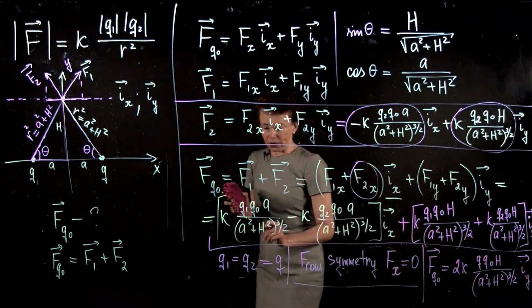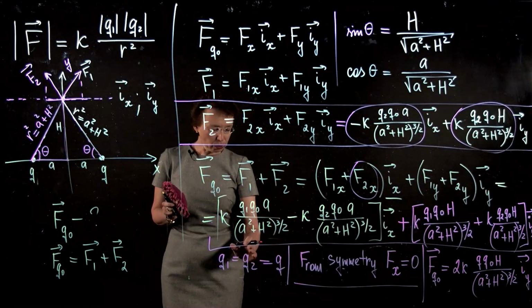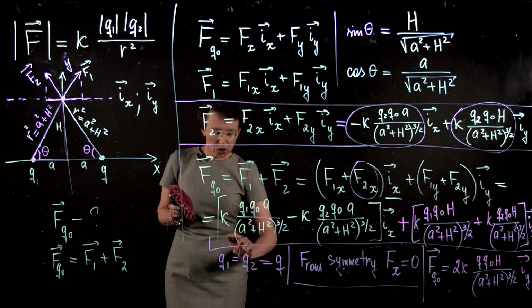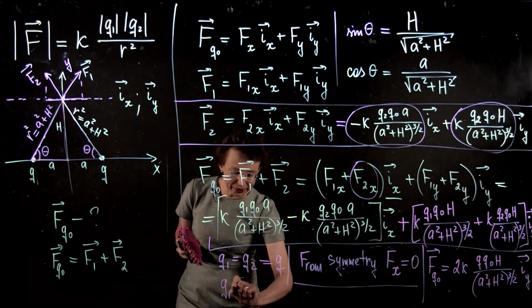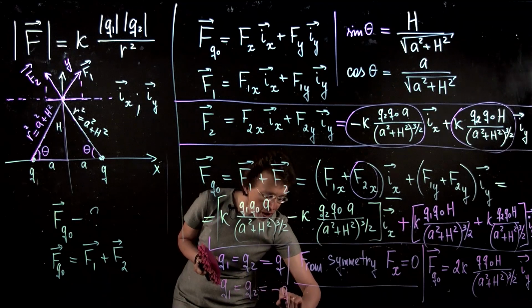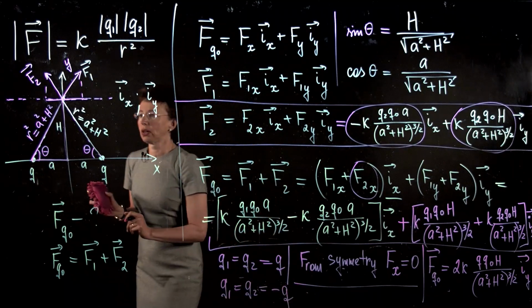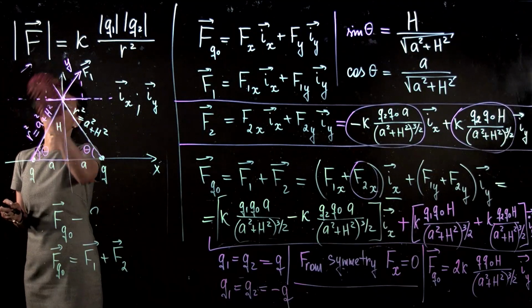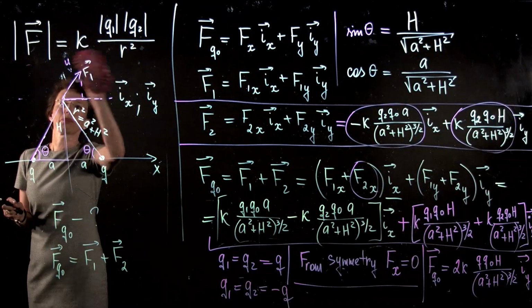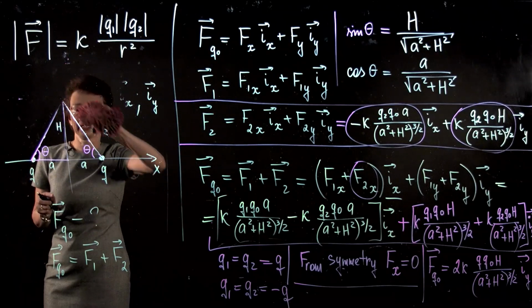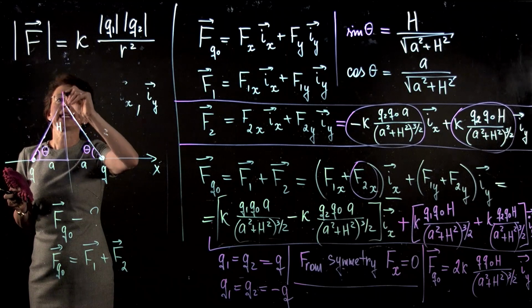Now imagine that Q1 is equal to Q2 still, but it is equal to minus Q. Q1 is equal to Q2 again, but now they both are negative. Now I need to redraw the picture. So I will have Q1 and Q2 negative.